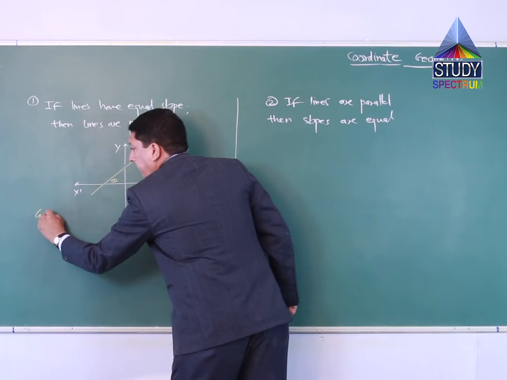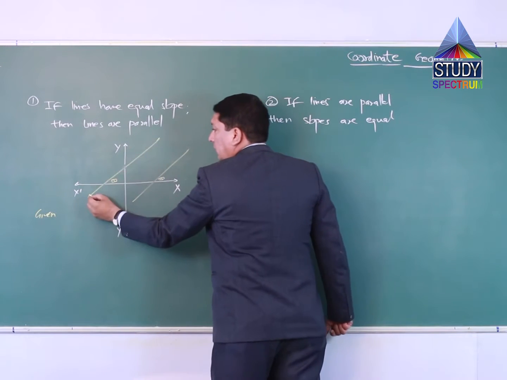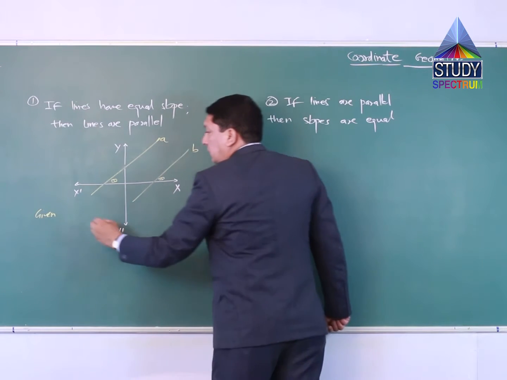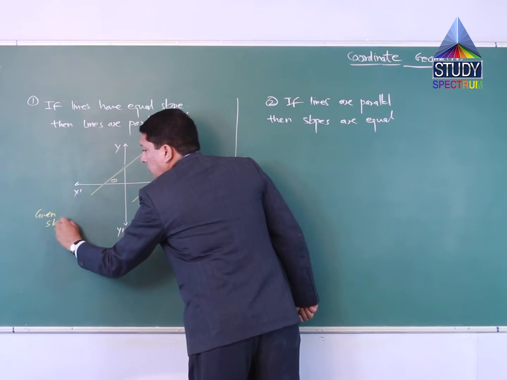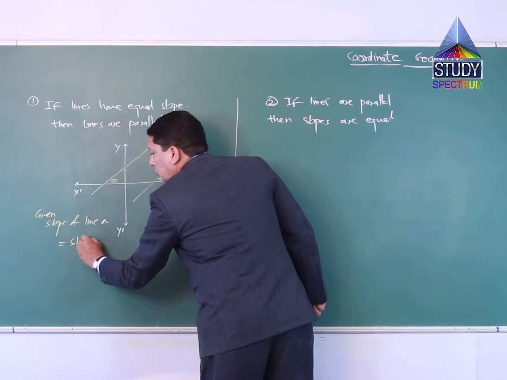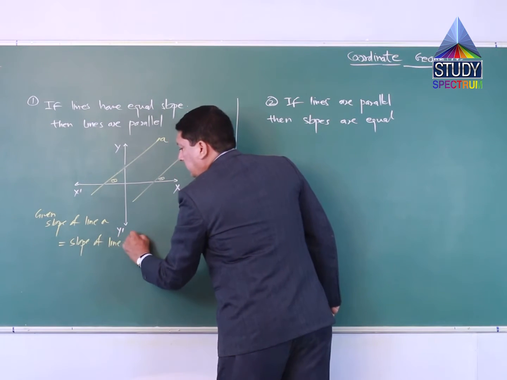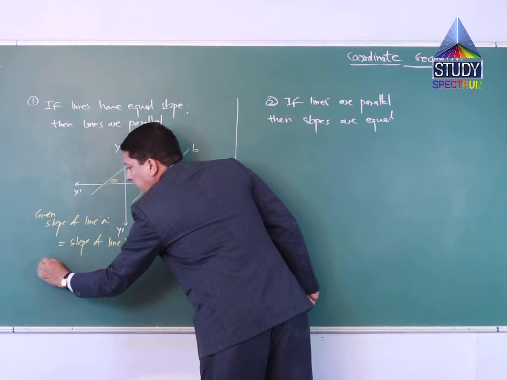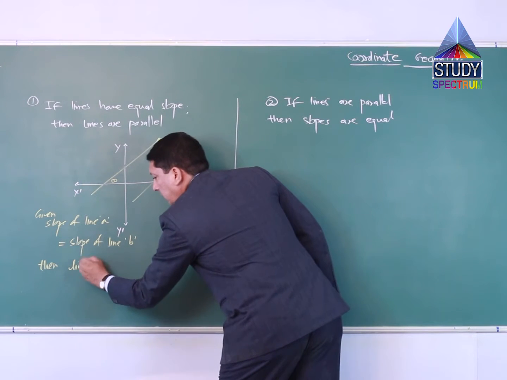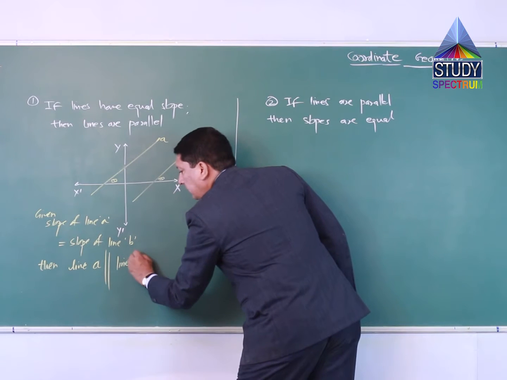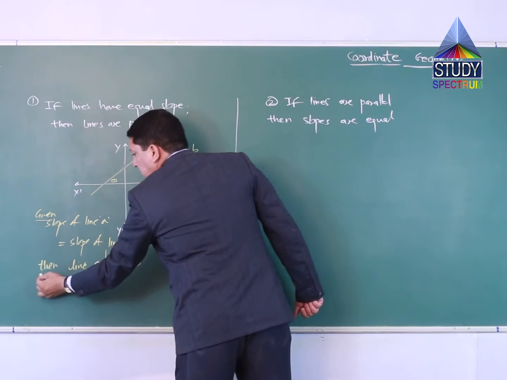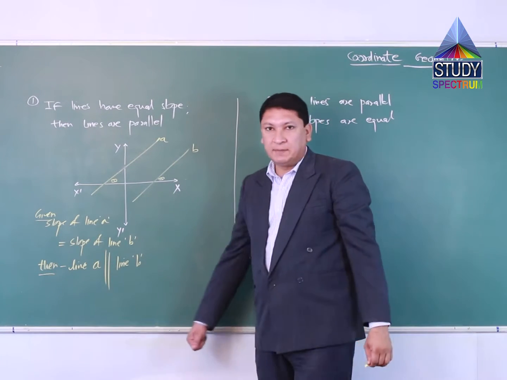So, given I can name this line as A, this line as B. Given slope of line A equals to slope of line B, then we can say that line A is parallel to line B. This is our result. So if slopes are equal, lines are parallel.